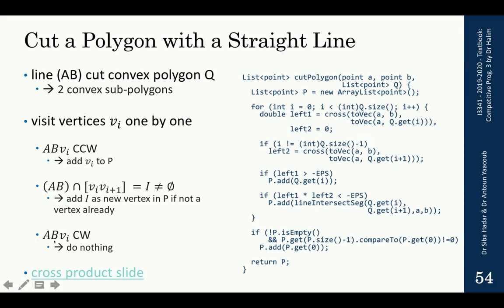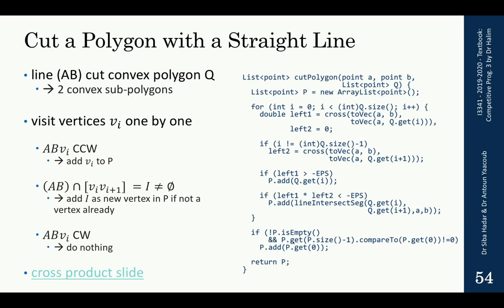And the third case, I do nothing, so I will not list it in this if. And to return P, just like the convention we are working with since the beginning of this lesson, we want the polygon to be closed.